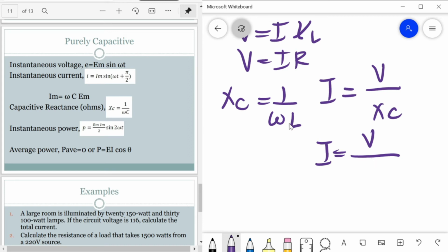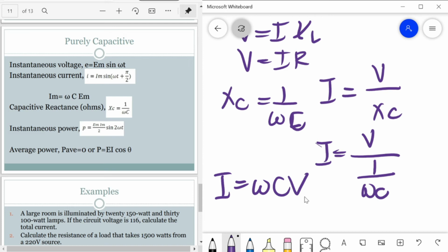Sorry, this is C, not L. Xc is 1 all over omega C. So therefore, our I will be equal to omega C multiplied by the voltage. I is equal to omega C Em. C is the capacitance in farad. The unit for capacitance is farad.